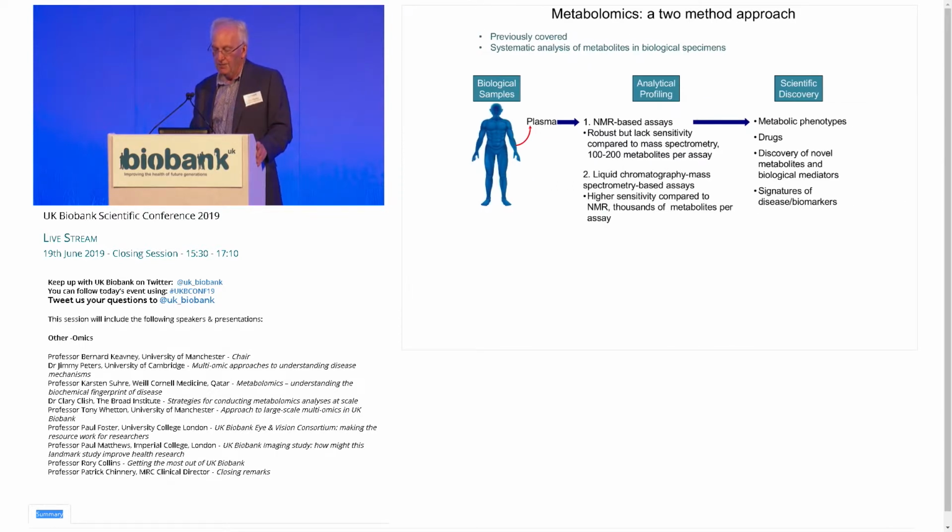So I've made the point that proteomics cannot be an island unto itself, metabolomics cannot be an island unto itself, and there has to be a marriage of all of these different data sets if these omics technologies are going to be a part of the overall strategy for UK Biobank.